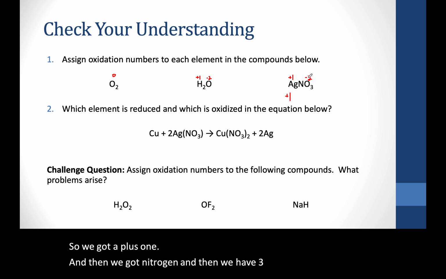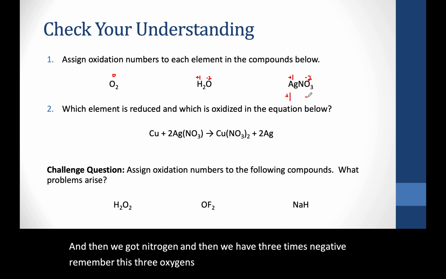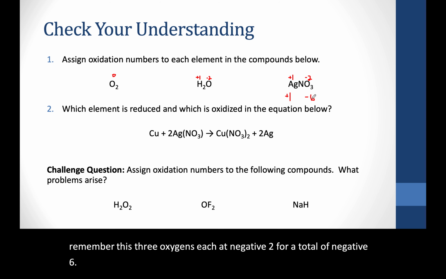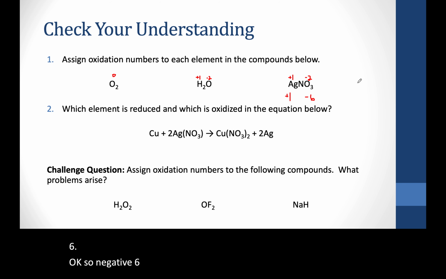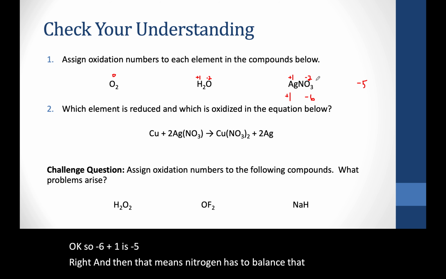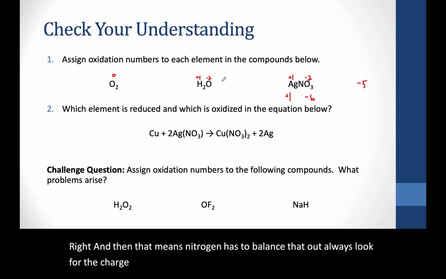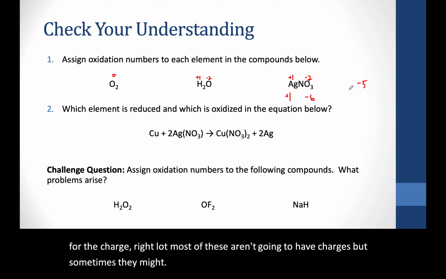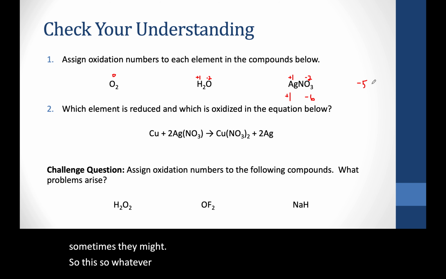Remember, there's 3 oxygens each at -2 for a total of -6. So -6 plus 1 is -5. And then that means nitrogen has to balance that out. Always look for the charge. Most of these aren't going to have charges, but sometimes they might. So whatever nitrogen is, -5 has to equal 0. So that means nitrogen is +5.